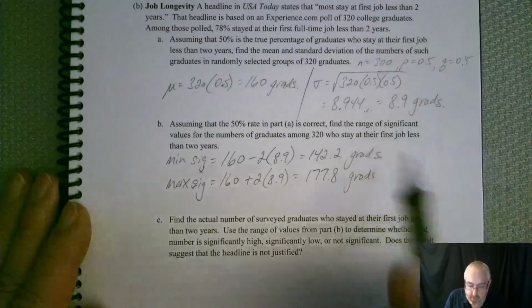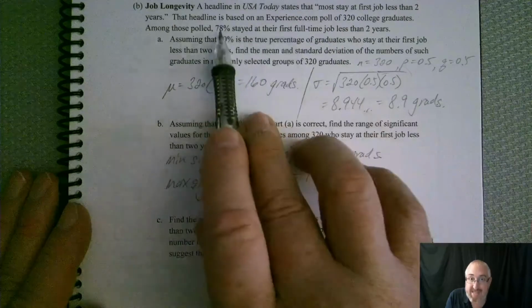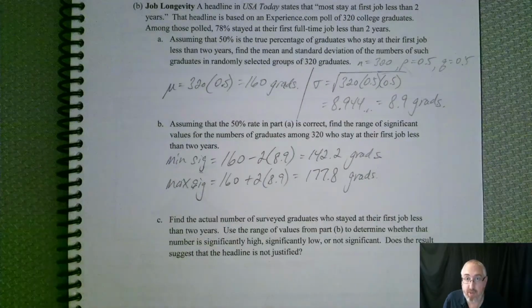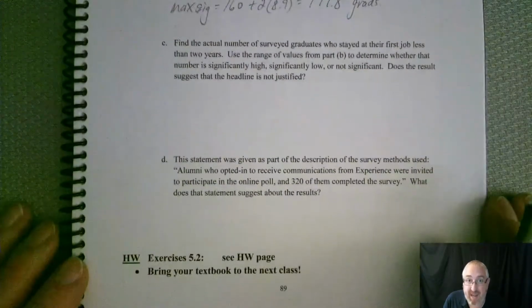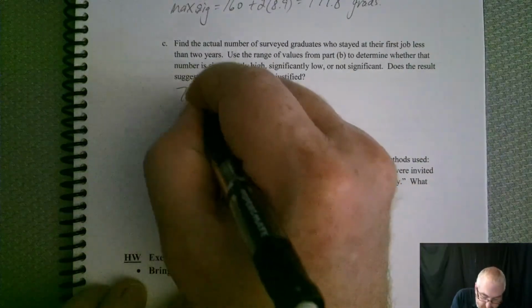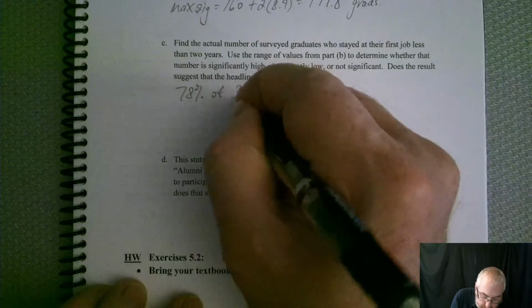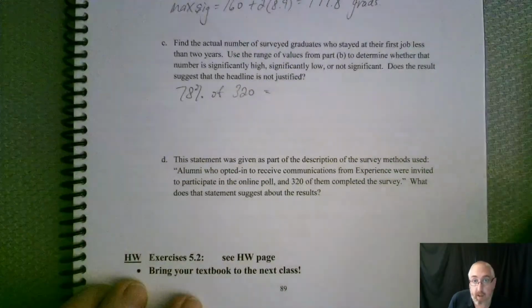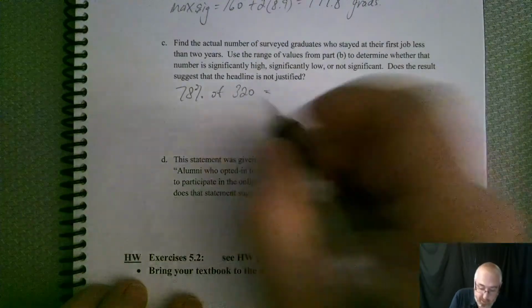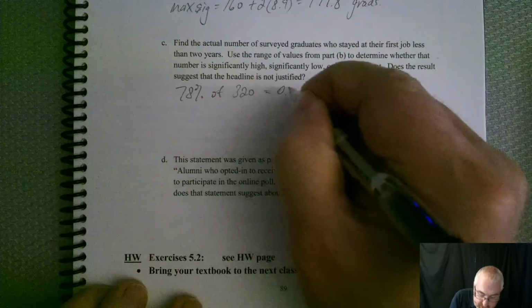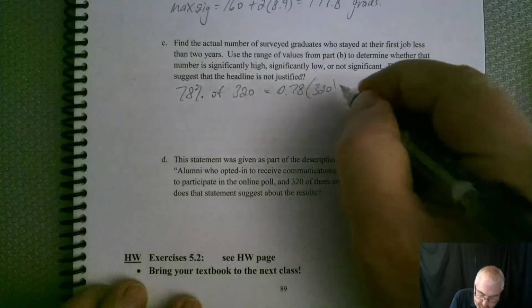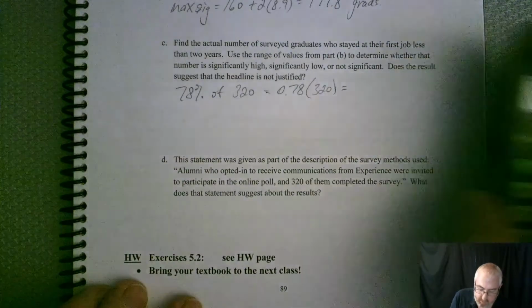We know that there was 320 that were polled, and 78% of them stayed at their first job less than 2 years. So 78% of 320, which equals what? Well, remember, we can just flat out multiply this. Change this to a decimal, multiply by 320, and that should give us our result.